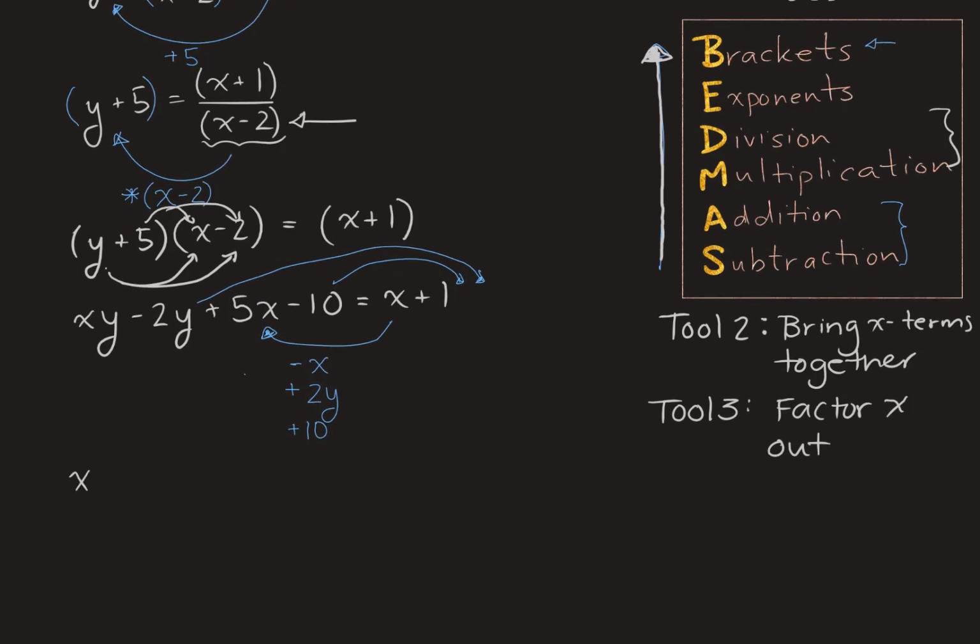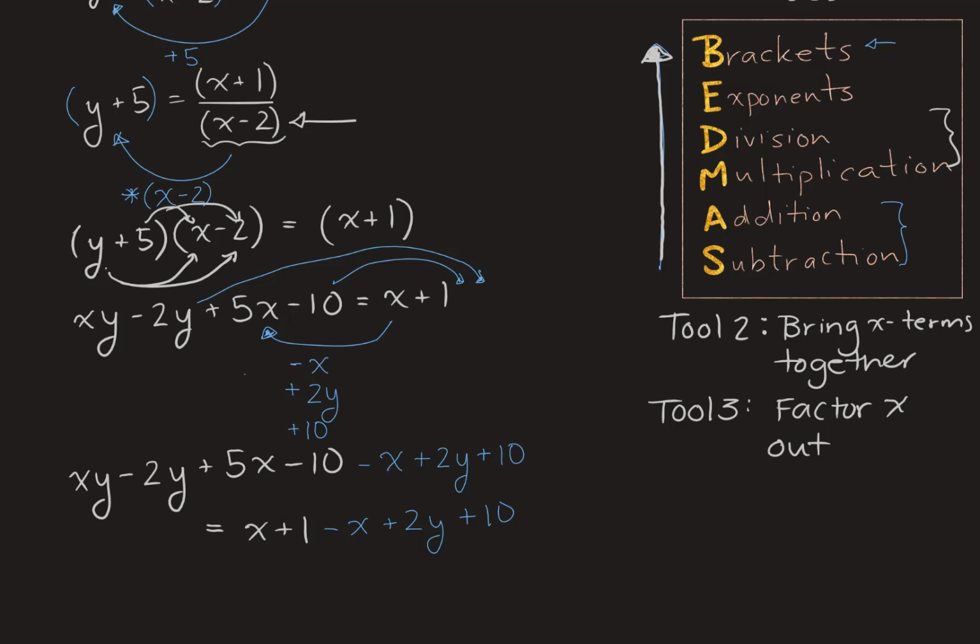So I have xy minus 2y plus 5x minus 10, and now I'm going to add in this minus x plus 2y plus 10 is equal to, on the other side, x plus 1, and I have to do the same thing, minus x plus 2y plus 10.